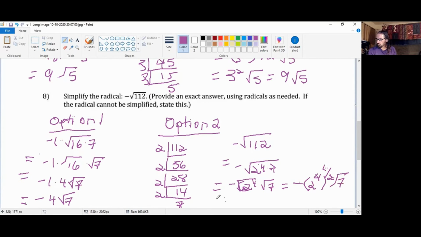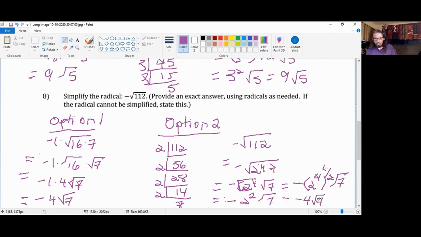So multiplying those exponents, we have negative. It's not part of the square root. It's not part of what's being raised to the 1/2 power. So that negative is still out there. -1 times 2 squared times square root of 7, i.e. -4 square root of 7.